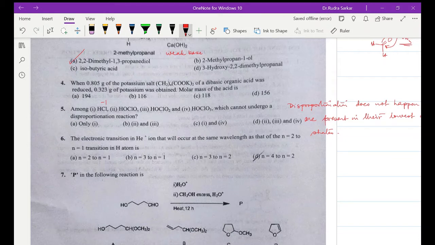And this one, that is HOClO, it is present in oxidation state plus 3. This is present in the plus 5, and this is present in the plus 7.